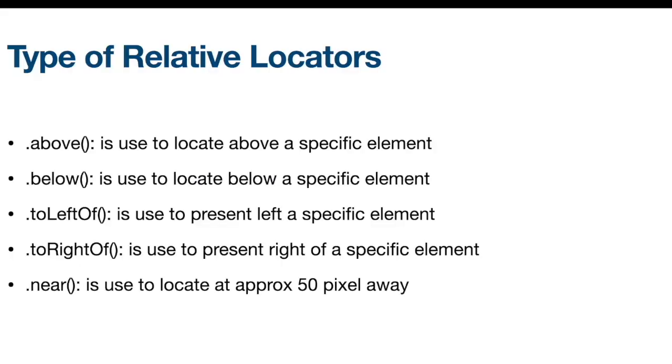The first one is the above method, which is used to locate an element above the specific element we have mentioned. The second one is below, which is used to locate the element below a specific element.